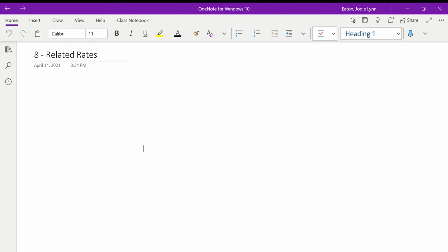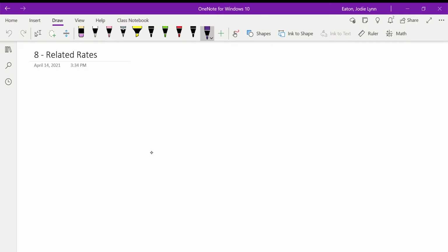So how many centimeters per second, or how many cubic millimeters per second, or how many degrees per second. So what we're going to be looking at is problems where you have one rate and you are relating them to a different rate.